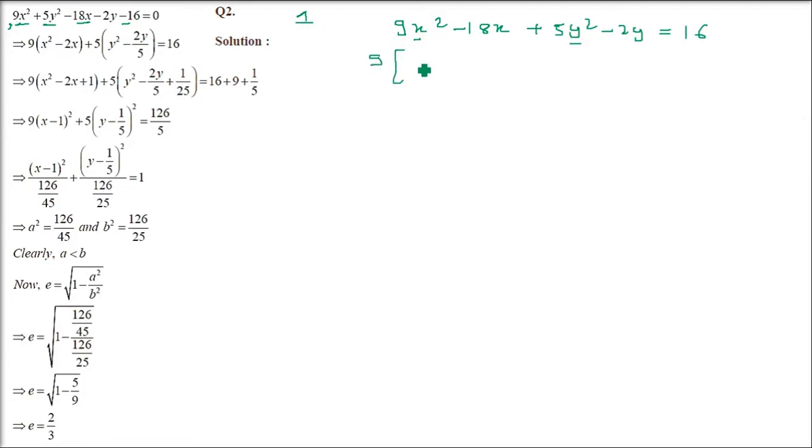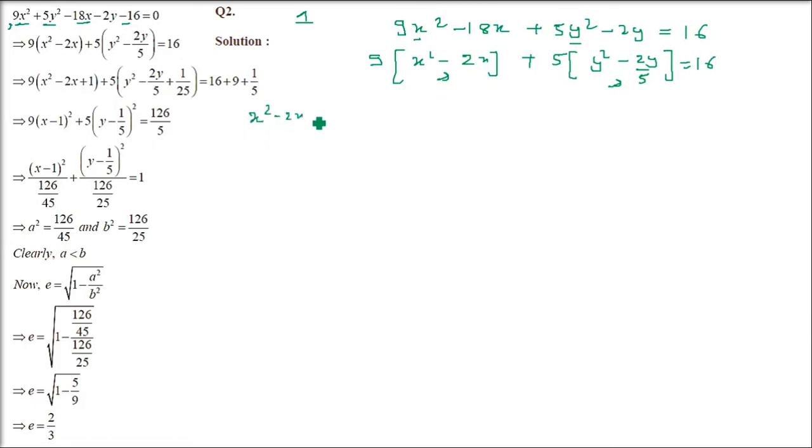So I'm taking 9 outside, it will be x square minus 2x. Then plus, this 5 you take outside, y square minus 2y, and since 5 you have taken out, you have to divide it by 5, equals 16. Now make these two perfect squares.